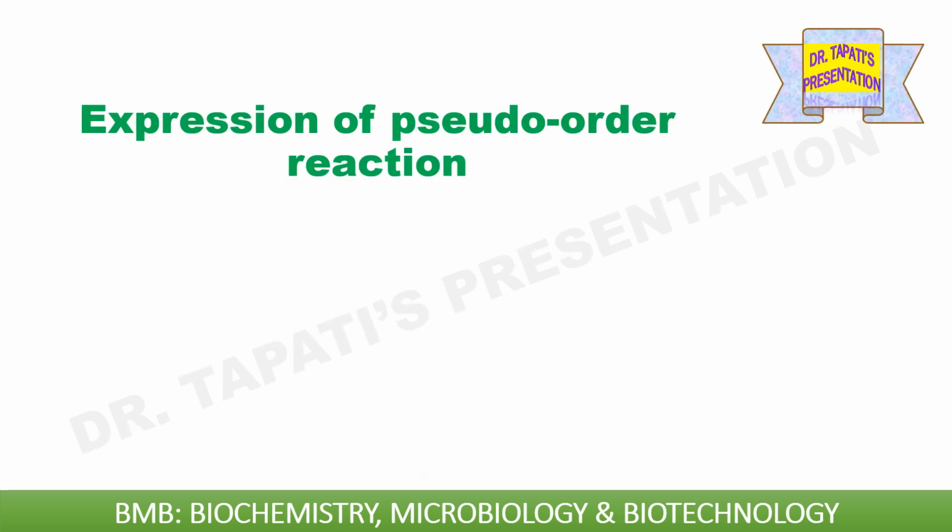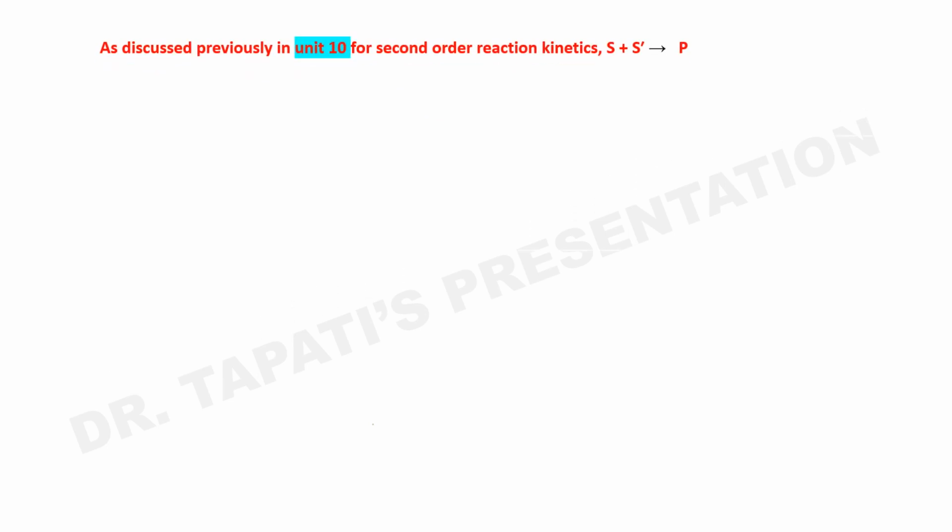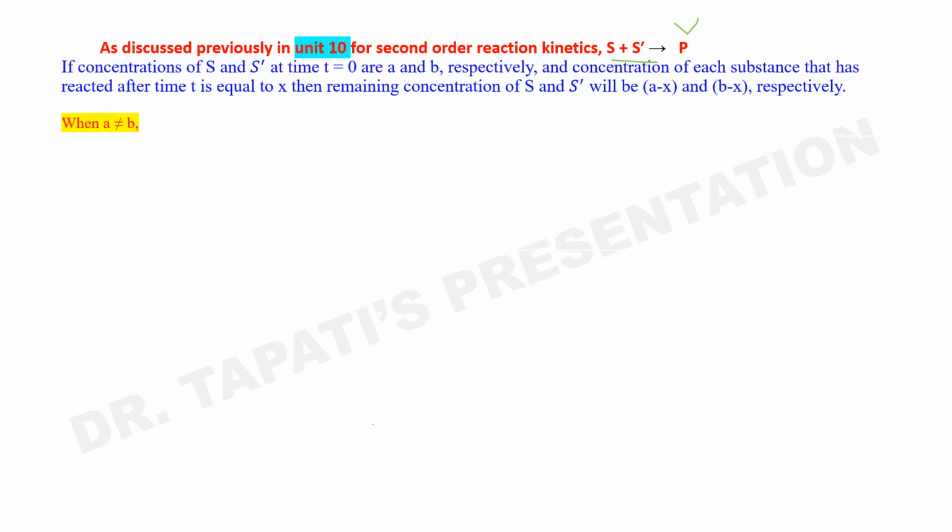Expression of pseudo-order reaction. In Unit 10, I have discussed the second order reaction kinetics, where S and S prime are two substrates, or reactants, converted to product P. If concentrations of S and S prime at time t equal to 0 are a and b respectively, and concentration of each substance that has reacted after time t is x, then remaining concentration of S and S prime will be a minus x and b minus x respectively.